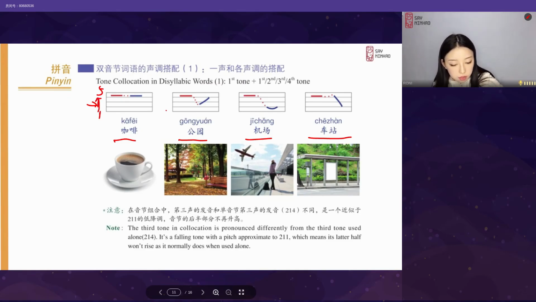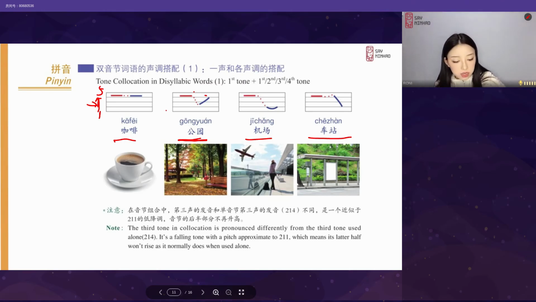And we can see the first tones are on the highest pitch, almost 5, fifth pitch, okay, 咖啡, it means coffee. Next one is 公园, it means park, okay, park. 公园, read after me, 公园 it means park.